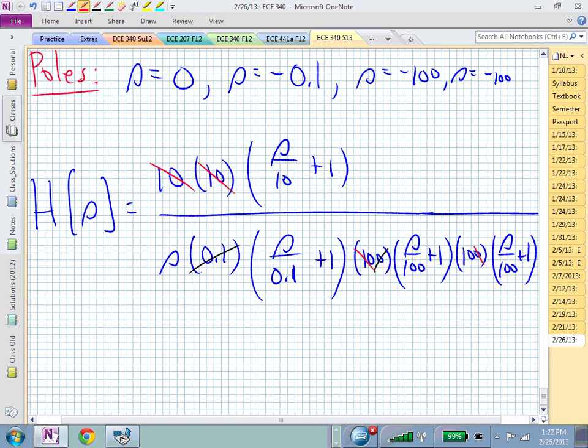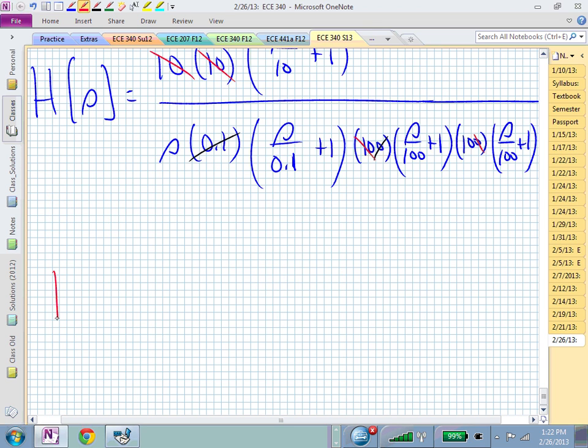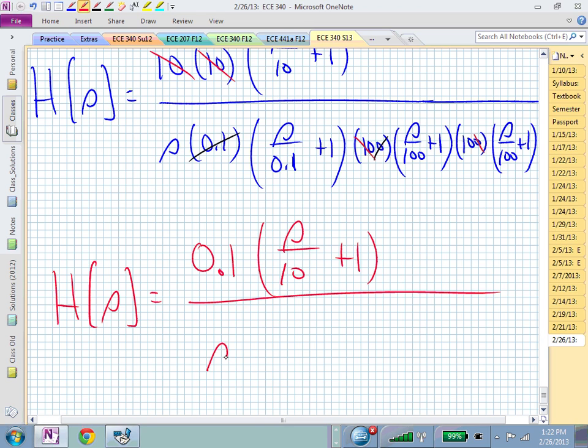Now I just have 1 over 10 as my gain, meaning I now have H of s equaling 1 over 10, or 0.1, times s over 10 plus 1, over s times s over 0.1 plus 1, times s over 100 plus 1, but I have that twice, so I'll just put it that way.